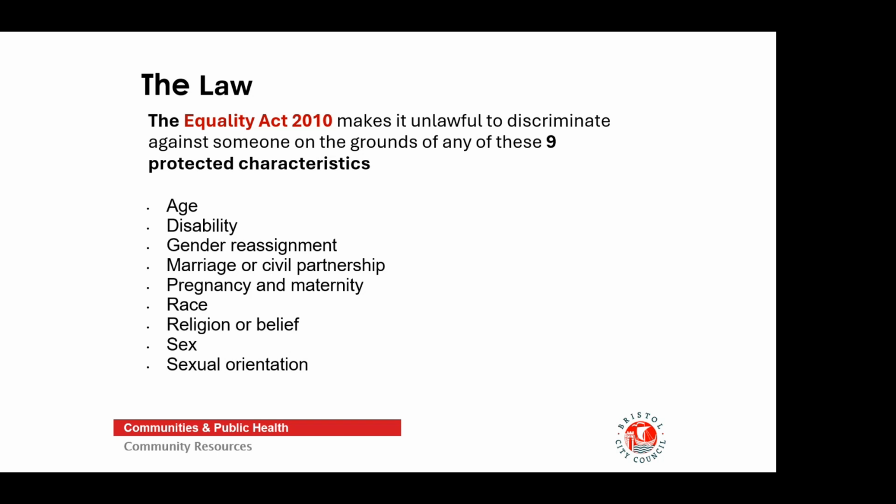So that's age, disability, gender reassignment, marriage or civil partnership, pregnancy and maternity, race, religion or belief, sex, and sexual orientation. And thinking about disability, particularly, we're using the social model of disability. So that is describing people as being disabled by barriers in society, not their impairment or difference.